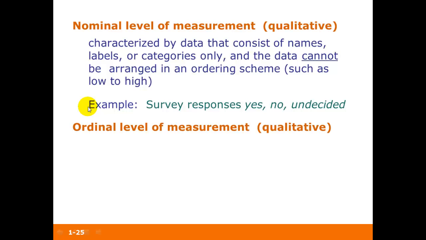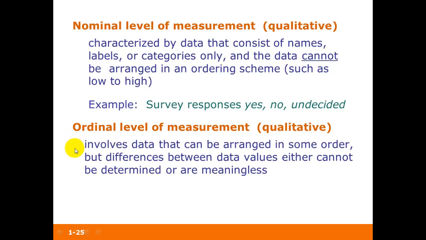Now the ordinal level of measurement is again qualitative data, and this is also going to be names, labels, or categories, but this has the property that the data can be arranged in an order. Now because this is qualitative data, the differences between data values either we can't determine, or if we can, they don't mean anything.